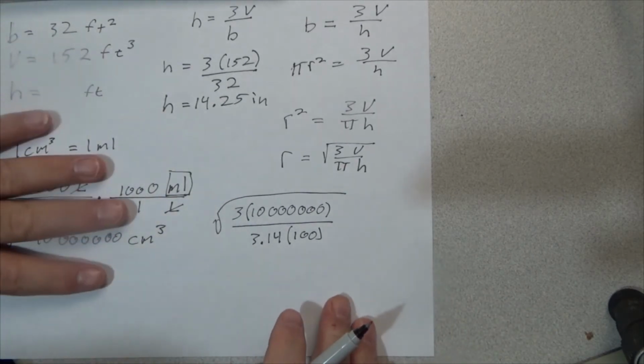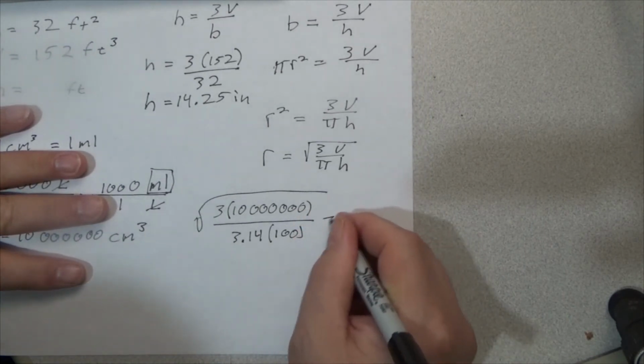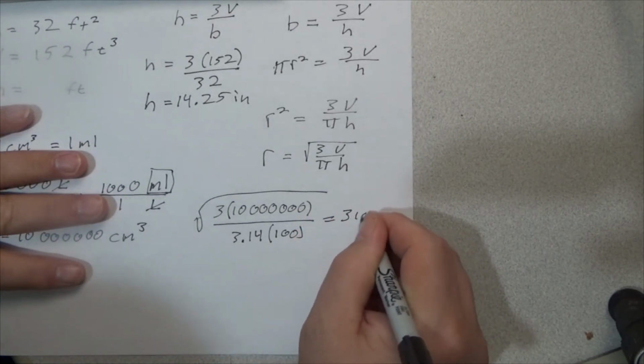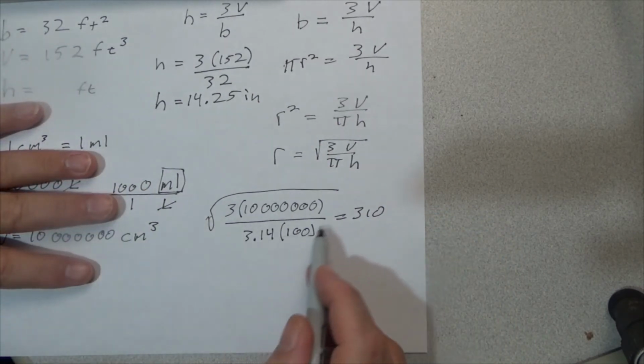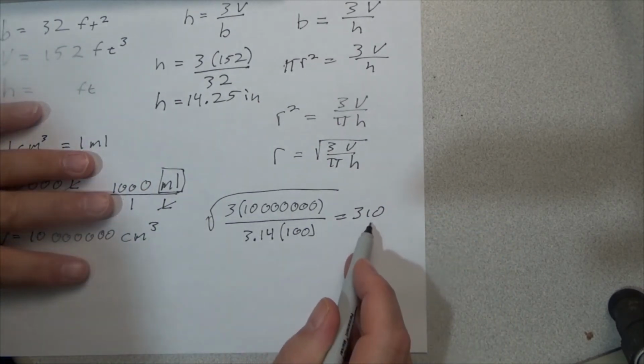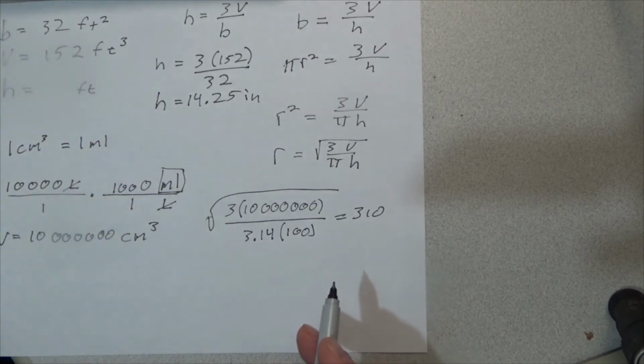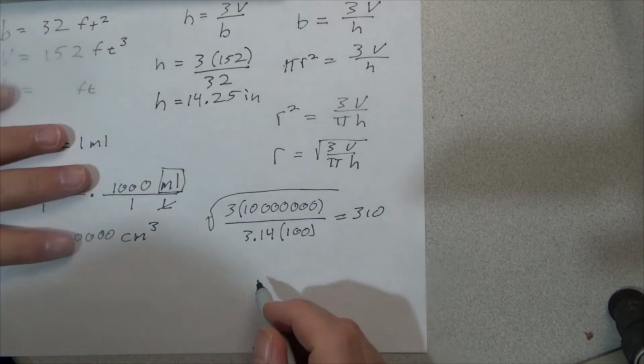I am going to round that to 310 because it's very close. And since I've rounded pi down, I'm going to round this up. Kind of a little bit of back and forth.